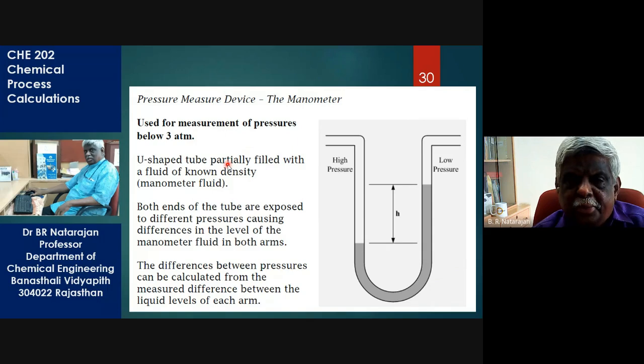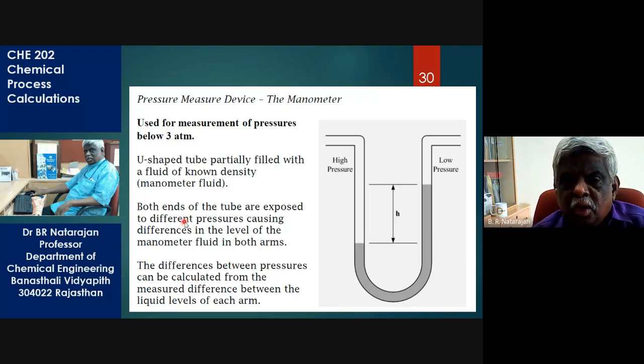It's a U-shaped tube partially filled with a fluid of known density, the manometric fluid. Usually mercury is used; sometimes water may also be used.